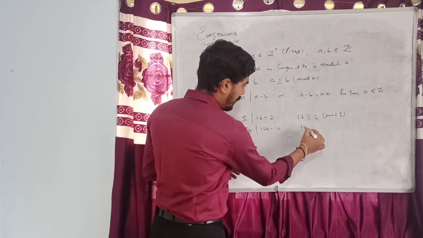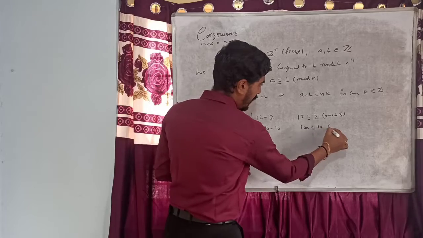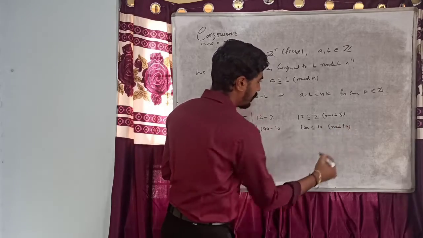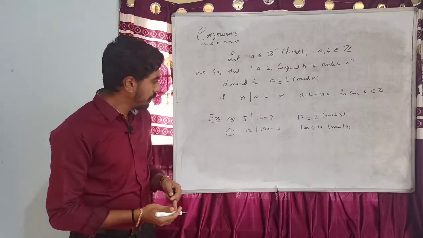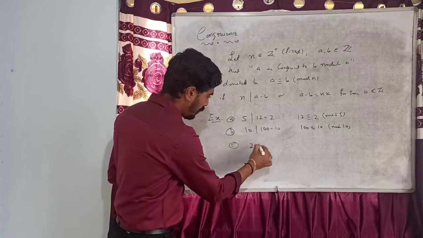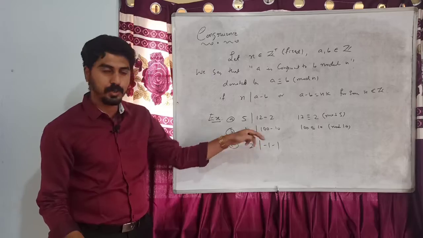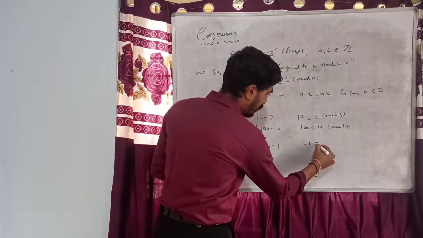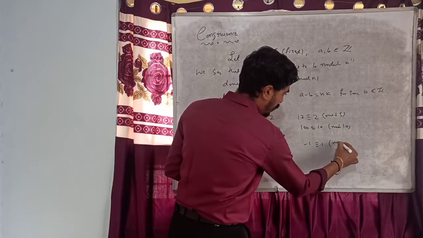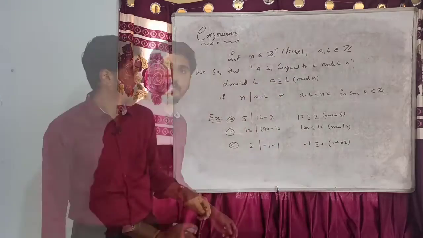So 100 is congruent to 10 modulo 10. Similarly, 2 divides minus 1 minus minus 1, therefore minus 1 is congruent to minus 1 modulo 2 and so on.